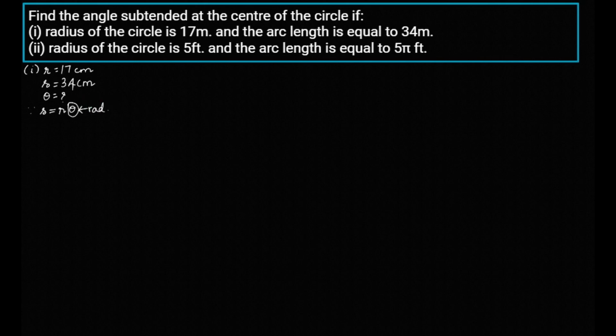So when we rearrange this equation, we get theta is equal to s by r. Therefore, theta is equal to 34 centimeters divided by 17 centimeters. 17 into 2 is 34. We get 2 radians. Therefore, the angle subtended at the center of the circle is 2 radians.